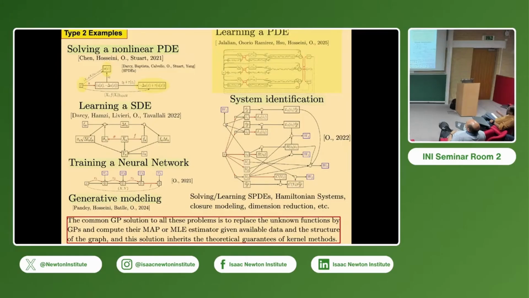And all these problems have the same Gaussian process-based solution, which is to replace all the unknown functions in these computational graphs by Gaussian processes, possibly independent Gaussian processes, and then compute their MAP or MLE estimator given available data and the structure of the graph. And this solution inherits the theoretical guarantees of kernel methods. And again, I will try to make this point in the setting of learning a PDE and its solution operator.